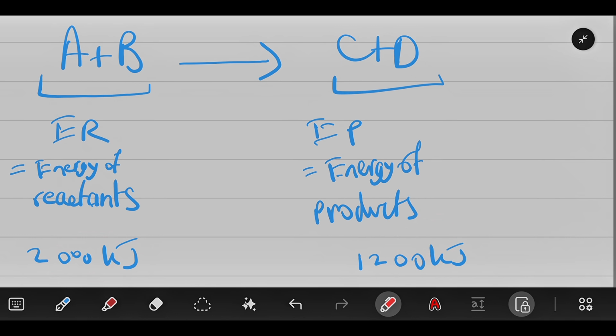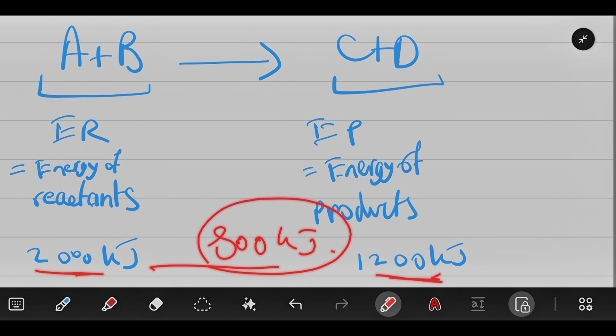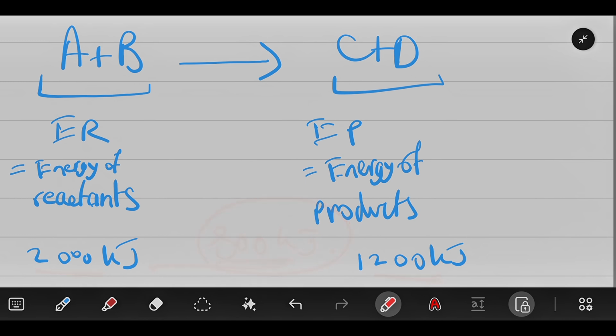Now physics has taught us that energy cannot be created nor destroyed. So there's a difference of 800 kilojoules between the reactants and the products. So where did this 800 kilojoules actually go? It is this 800 kilojoules that is actually being lost to the surroundings, making it exothermic.